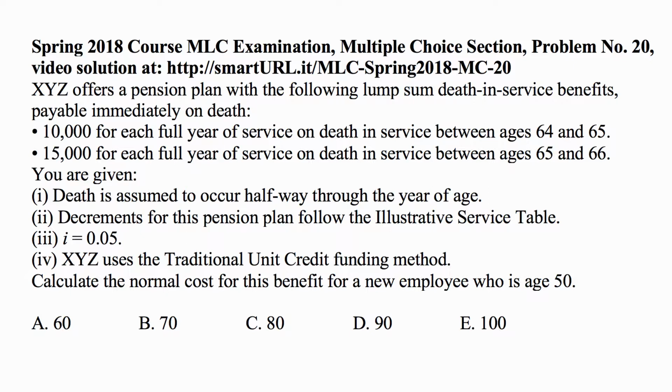You are given that death is assumed to occur halfway through the year of age. Decrements for this pension plan follow the illustrative service table. Interest rate is 5%. XYZ uses the traditional unit credit funding method. Calculate the normal cost for this benefit for a new employee who is age 50.